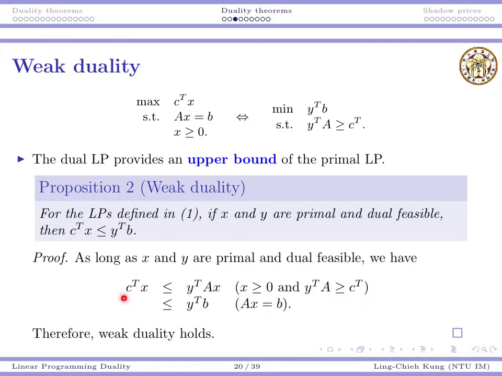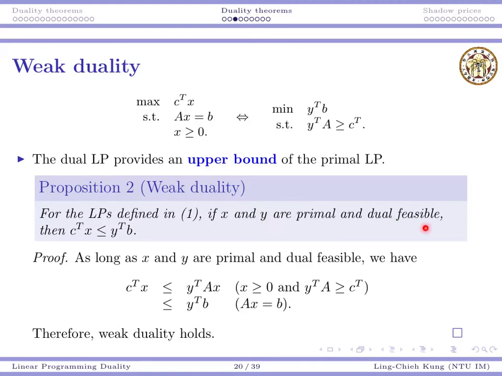Combining these two, we have this inequality. And then because Ax equals b, we have the second equality. So we have weak duality. Okay, this is not very surprising because we know any dual solution will provide an upper bound to the primal, as long as it is feasible.